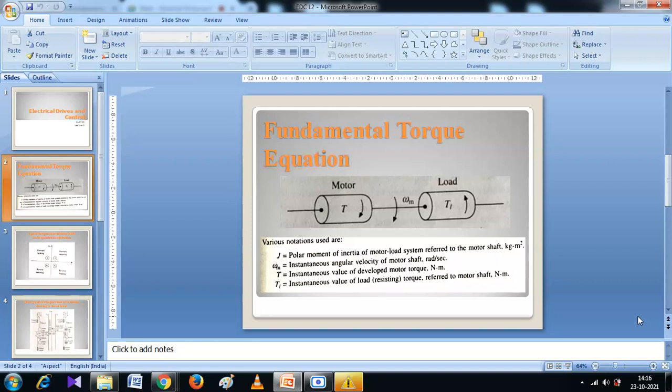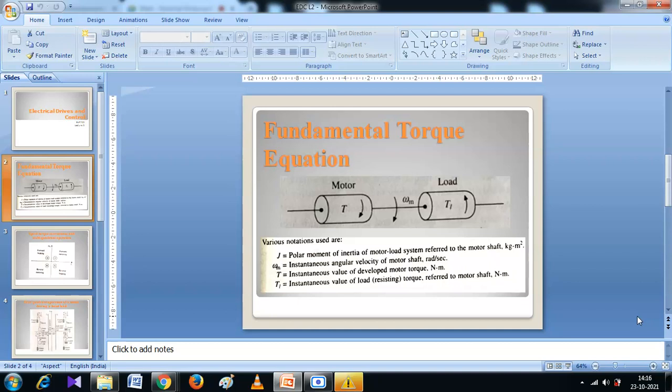Priti Kumari, do you know what the fundamental torque equation is? Yes or no? No, sir. Okay.